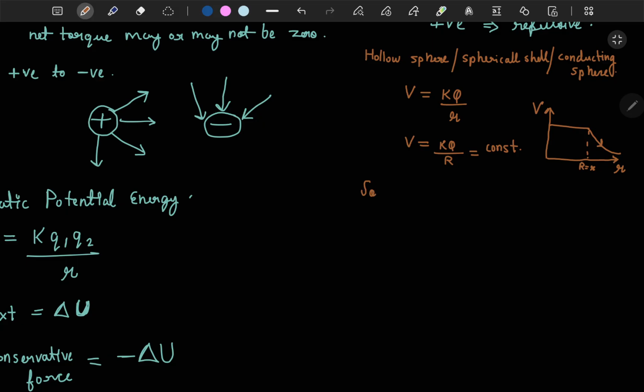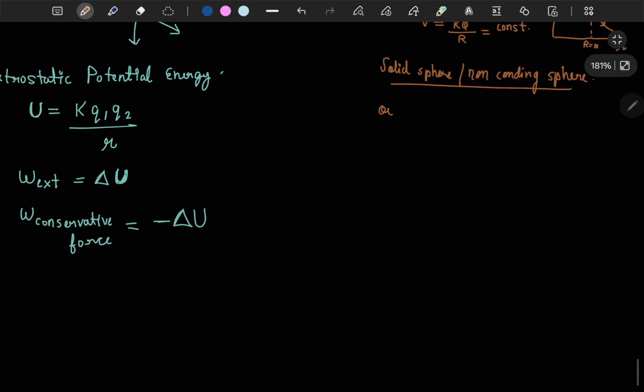Moving ahead, talking about a solid sphere or non-conducting sphere. In this case, the outside potential will be the same as the hollow sphere only. V is equal to kq by small r.